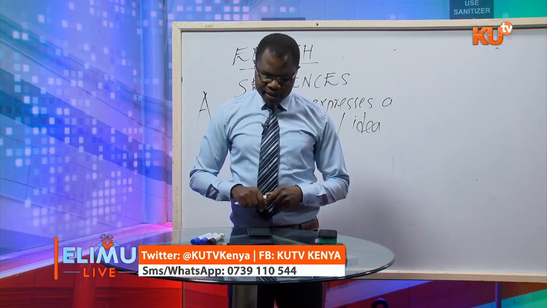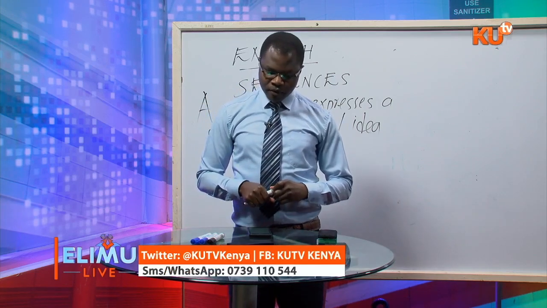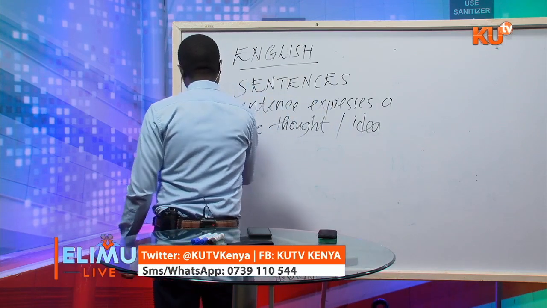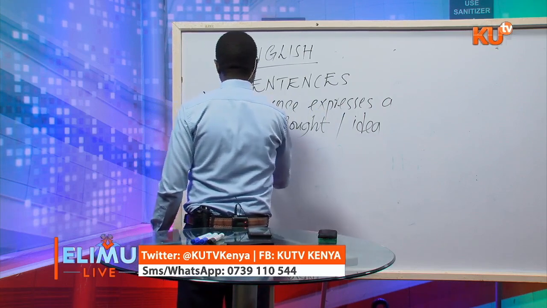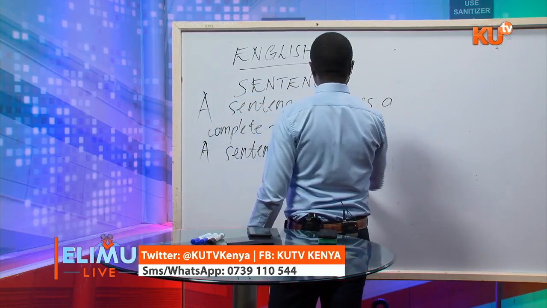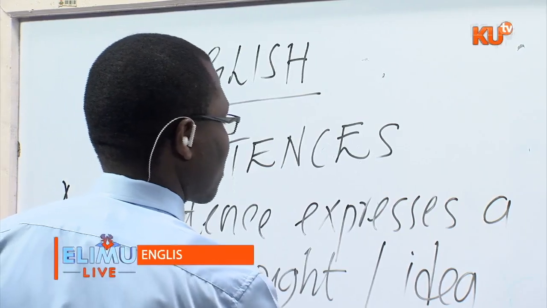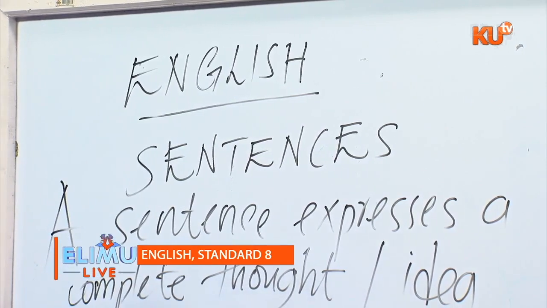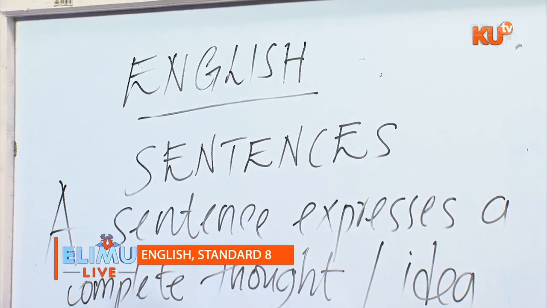Number 2, a sentence always has a subject, and then it also has what we call a verb.